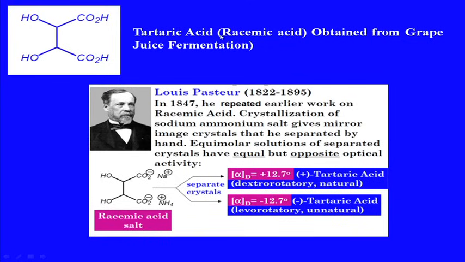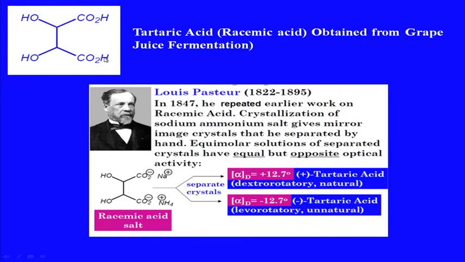So, this tartaric acid he collected, and then he crystallized it; it was called racemic acid at that time. This tartaric acid obtained from grape juice fermentation was called racemic acid, and he crystallized it as the sodium ammonium salt, because it is a dicarboxylic acid. So, one hydrogen is replaced by sodium, and the other by ammonium.